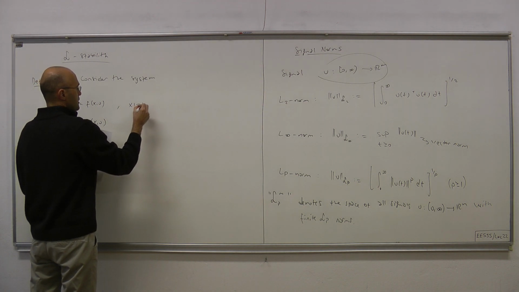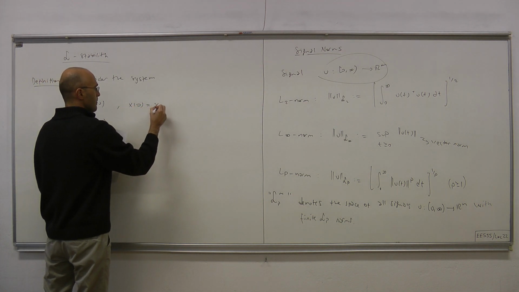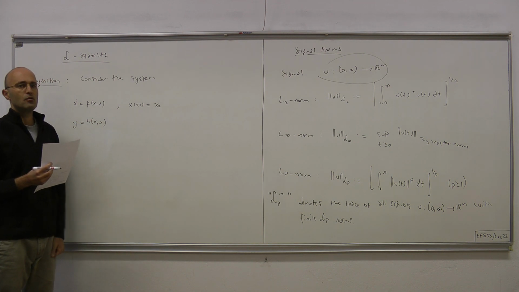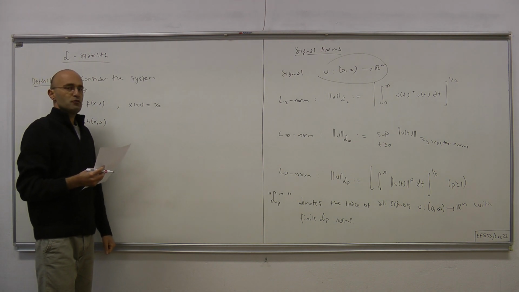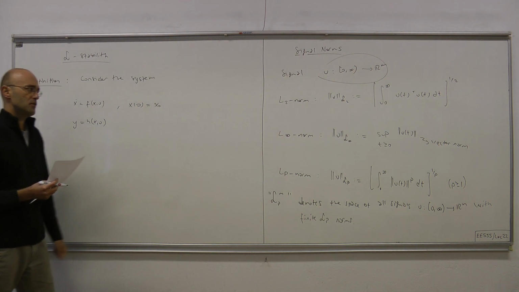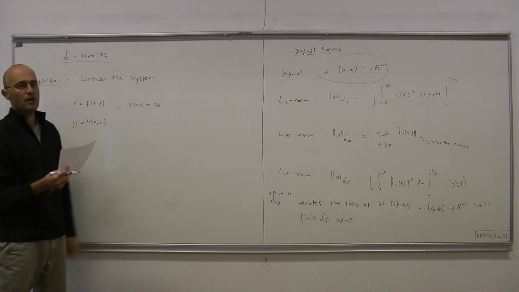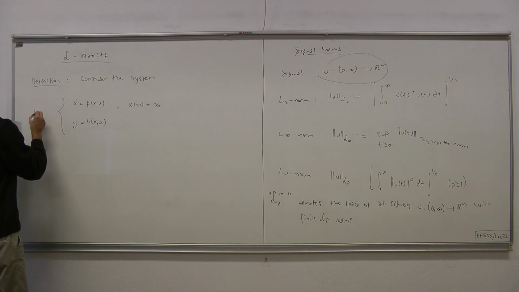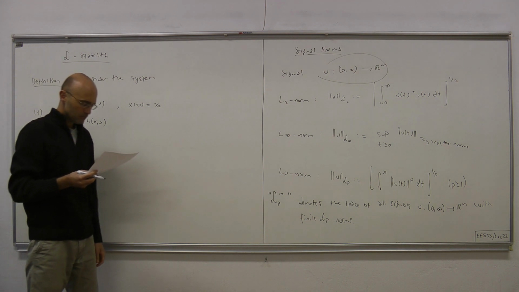And we denote the initial condition by x sub 0. We're considering the time invariant right hand side. Therefore, without loss of generality, we will be taking the initial time to be t equals 0. And this x sub 0 is our initial state.